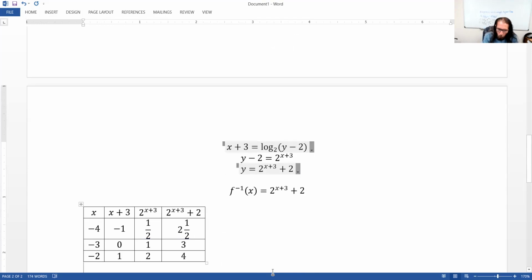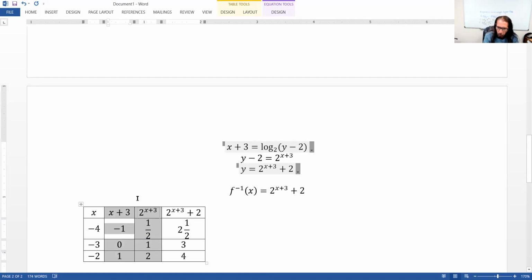So back in option 1, we had a table with x's and 2 to the x's for the graph of the basic exponential function y equals 2 to the x. We're going to have to shift left 3. So -1 goes to -4, 0 goes to -3, and so on.